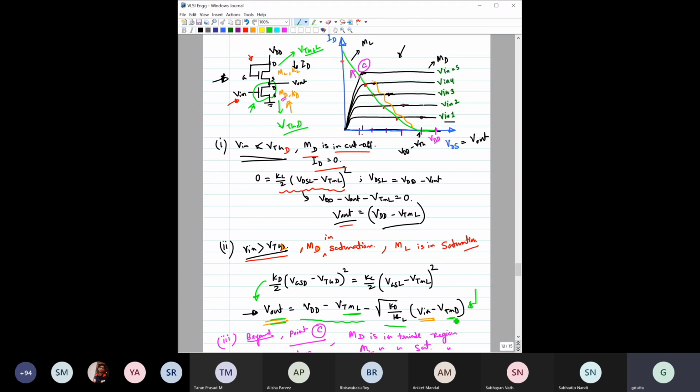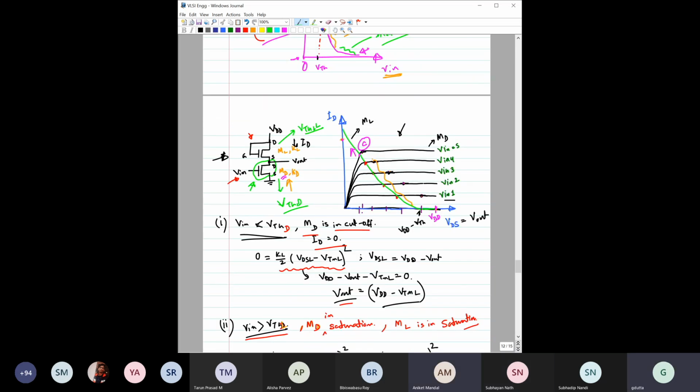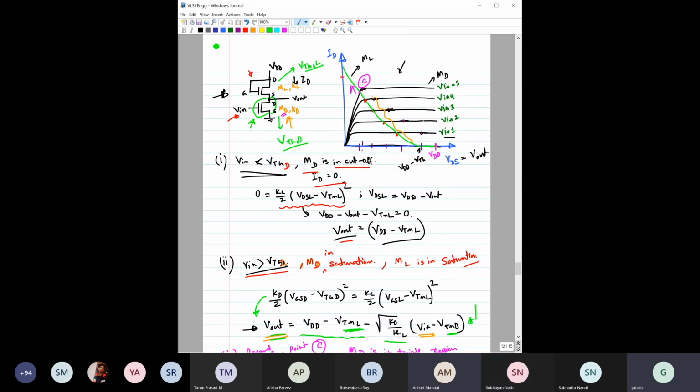See, here also VTHD is there, and both threshold voltage terms are present. I think he just wants to know why we are writing N instead of H. I think they are both the same. Yes, that's what I was asking. Oh, okay, they are the same thing. Actually, it took quite a long time for me to understand what you were asking. Exactly, your friend is absolutely right.